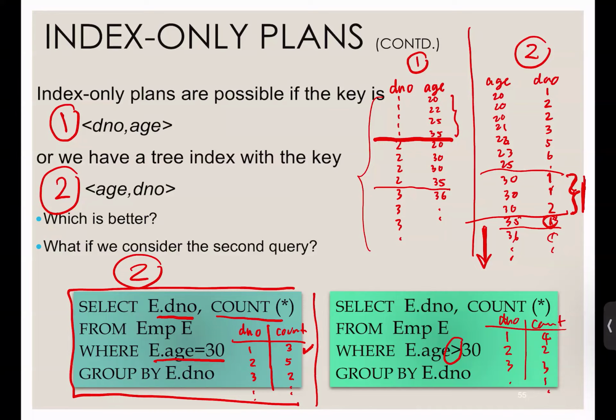Bad, right? But if I use number 1, I go to DNO 1 first, and then I go directly to people with age more than 30, and then I count. And then I go to DNO 2, I get to people more than age 30, and then 3, and so on.